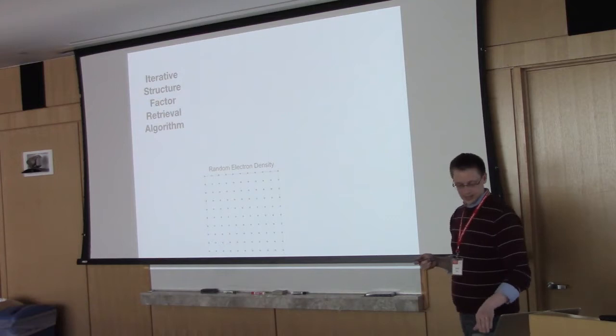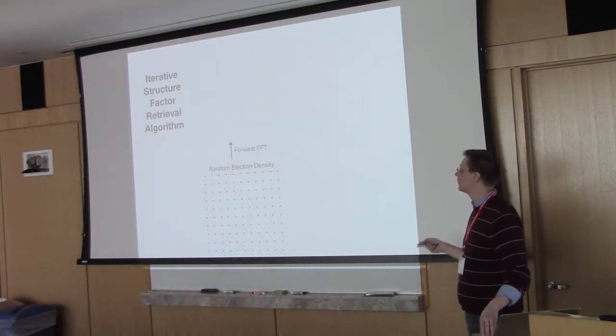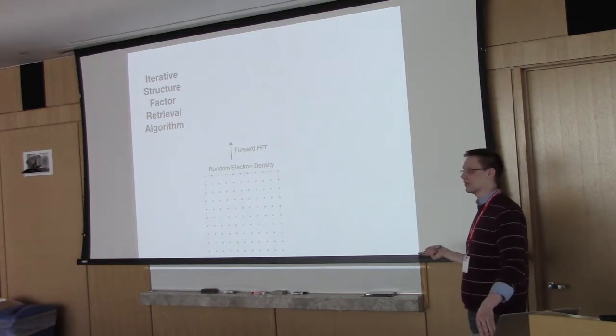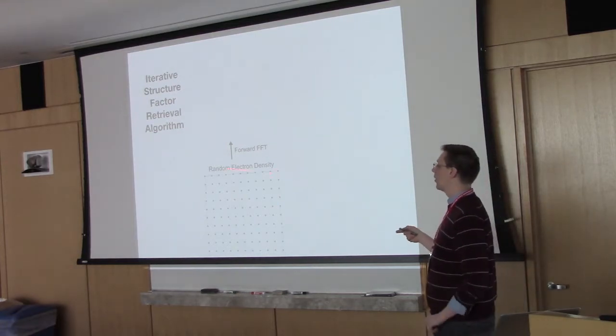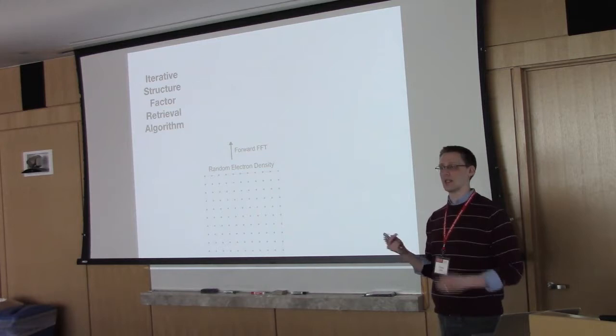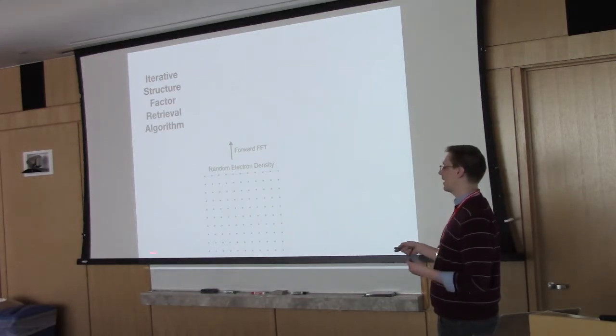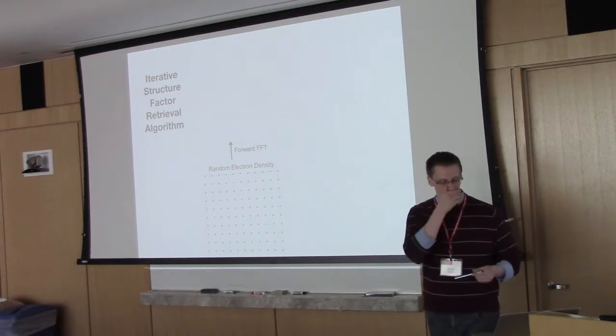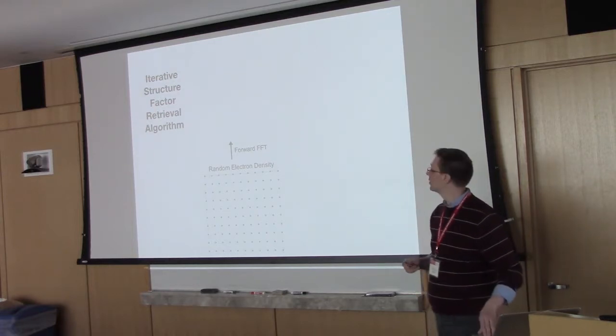Grayscaling. So we take that random electron density, we calculate the forward Fourier transform, and that gives us a set of structure factors. By nature of the Fourier transform, we have a grid that's exactly the same size. So if this is n by n by n, we end up with an n by n by n Fourier transform.